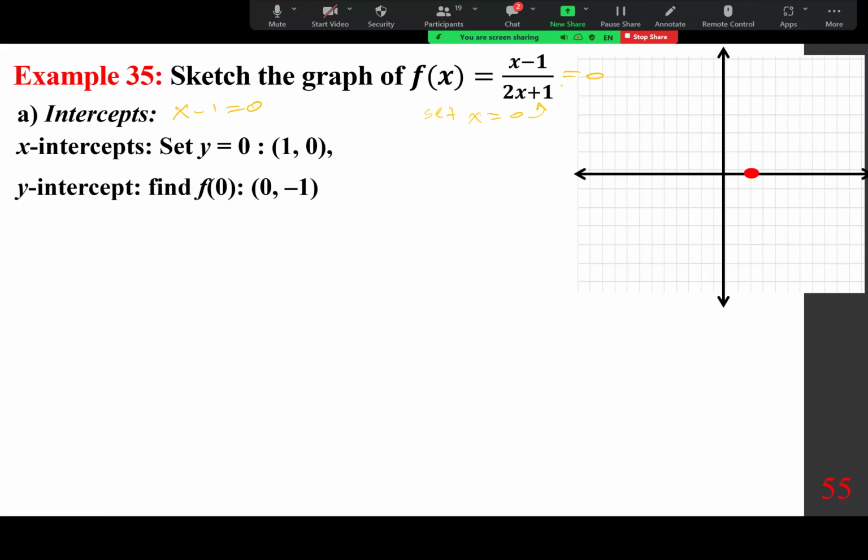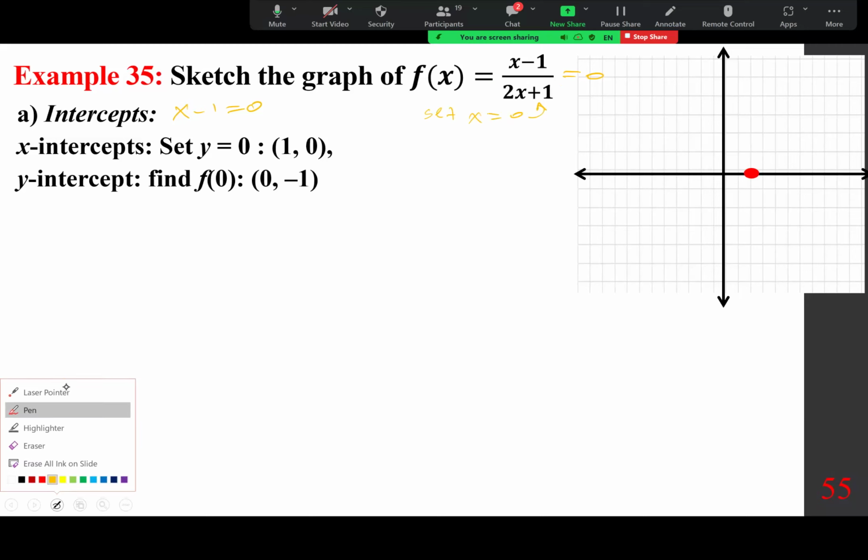So I get 0, negative 1. So those are very simple. I hope everybody's okay with those. And we can plot those. So we have 1, 0. Now we want 0, negative 1.